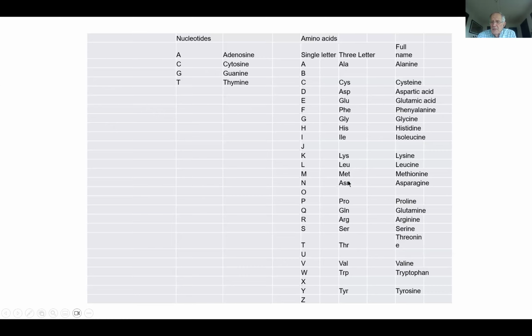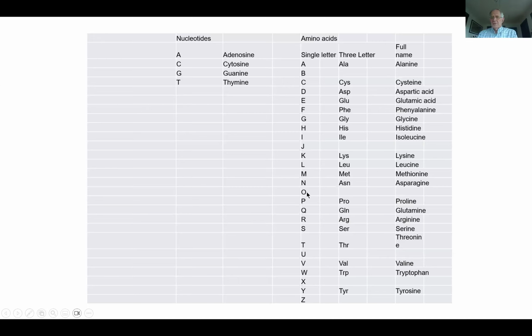Met is methionine, Asn is asparagine, instead of aspartic acid. O is not used. Pro is proline, glutamine, arginine, serine, threonine, and then valine, tryptophan, and tyrosine. So Z, X, U, O, J, and B are not used.